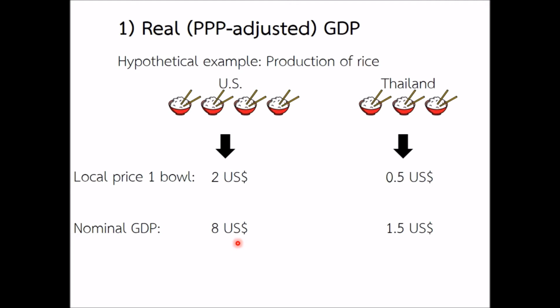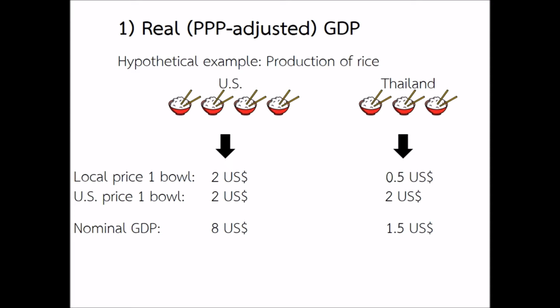And this is a problem because we cannot make a meaningful comparison between countries if we use nominal GDP. Because remember, we want to measure the level of development of a country. And here, in this example, we would overestimate the level of development in the United States and underestimate the level of development in Thailand.